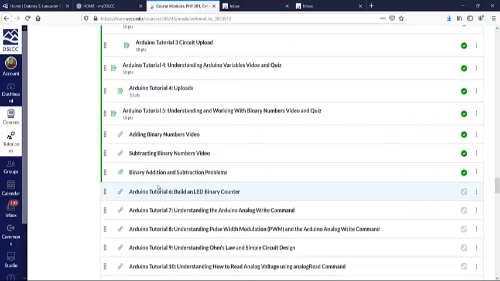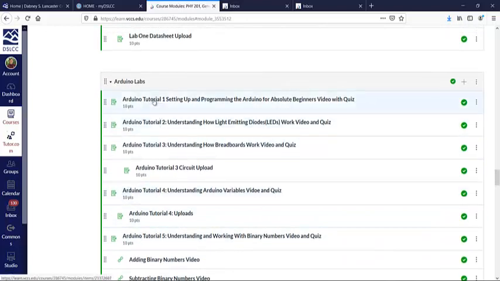So what you'll see right now is there are videos, and the videos have questions embedded in them, but they also have explanations of how to do the experiments or the labs associated with the electronics kits.